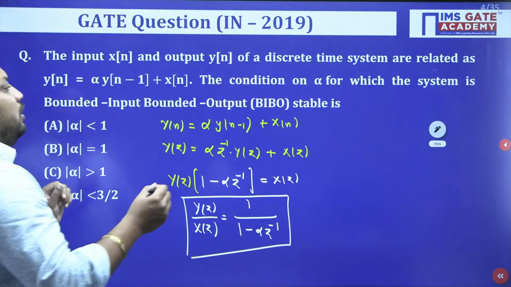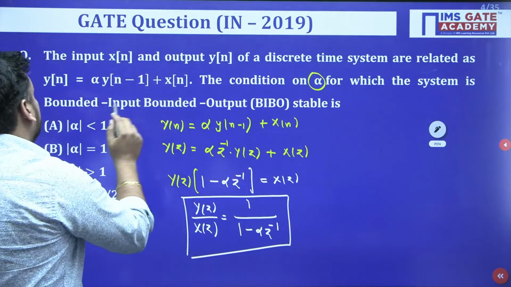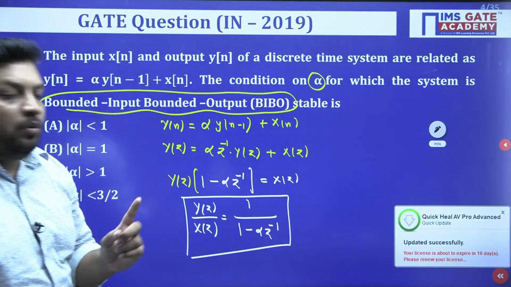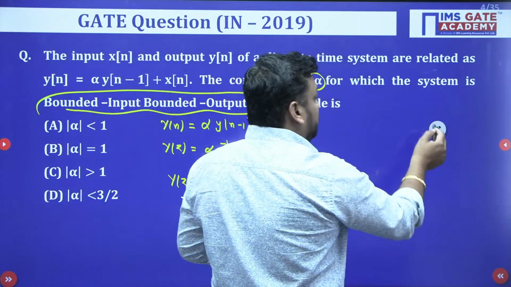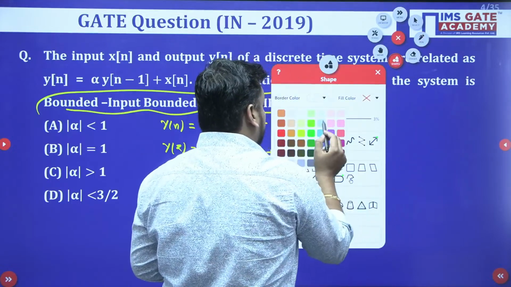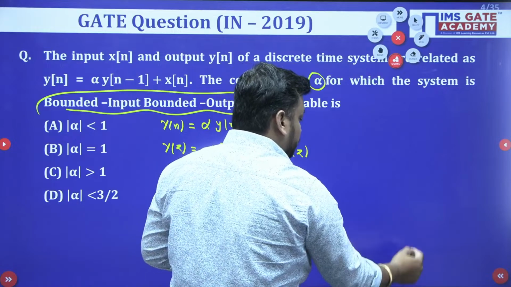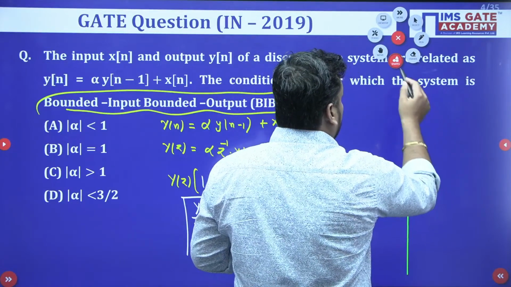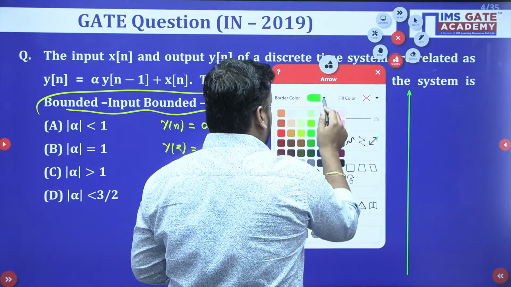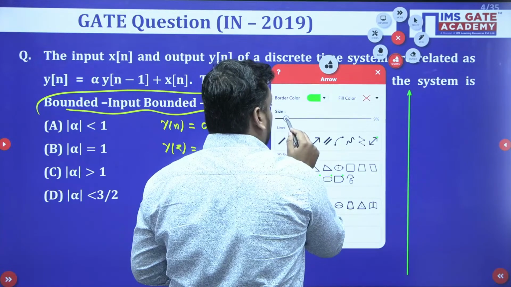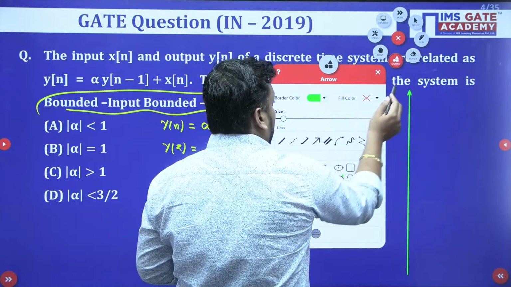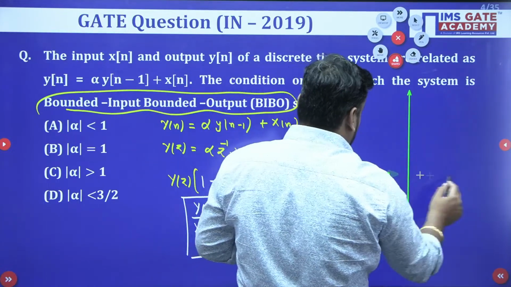The condition on alpha for which the system is bounded input, bounded output stable. And we know that to make the system stable, ROC must include the unity circle. So if I make an ROC diagram here, you should just focus on the board, guys. Here I have to increase the width. Okay, let me take 5, okay, 6.